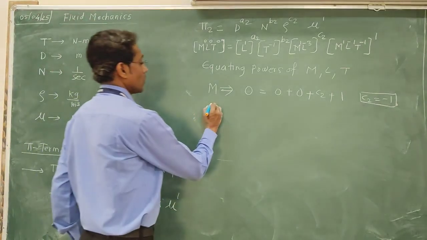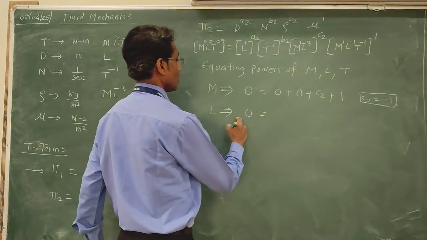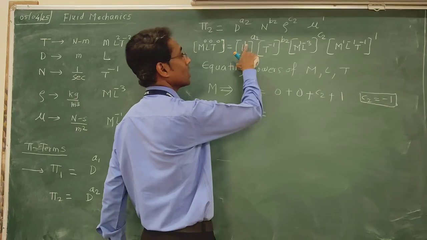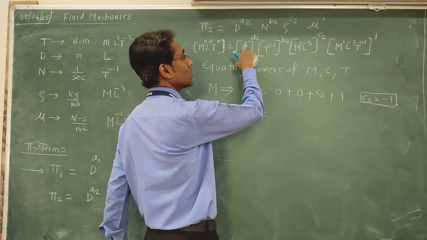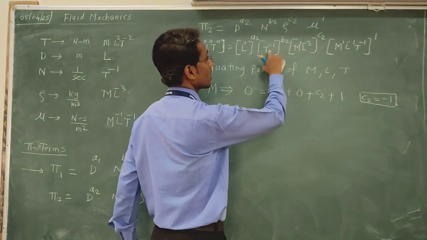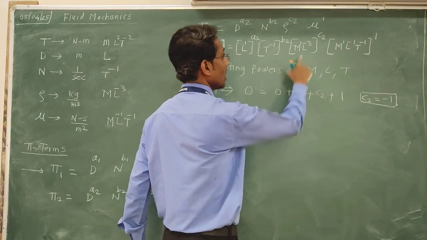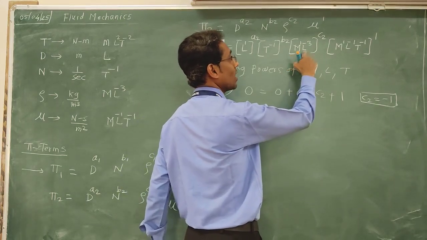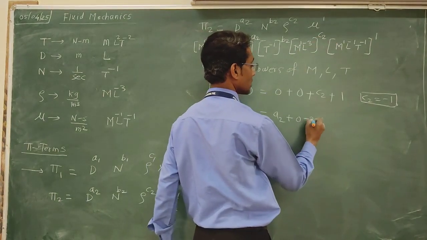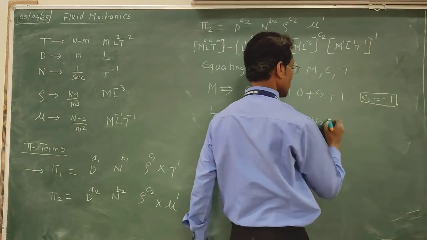Similarly, we will do this for the L term. For L, the left side is 0. On the right side, L is present in the first term, so 1 into a2 is a2. In the second term, length is not present, so 0. In the third term it is present, so L raised to minus 3 c2. In the last term, minus 1 into 1 means minus 1.